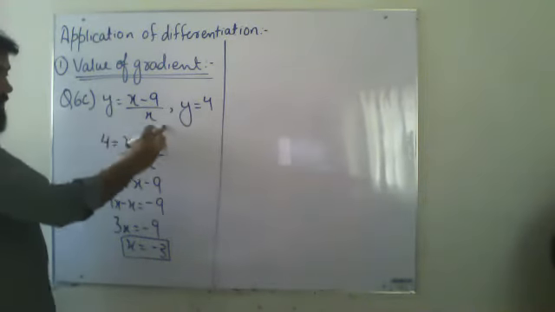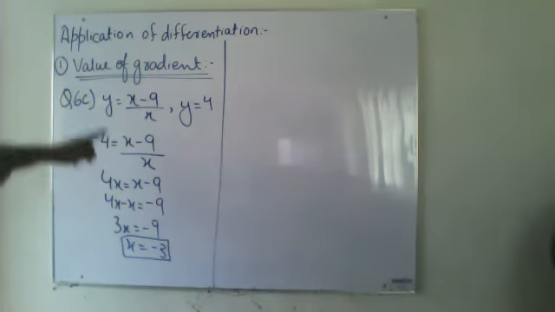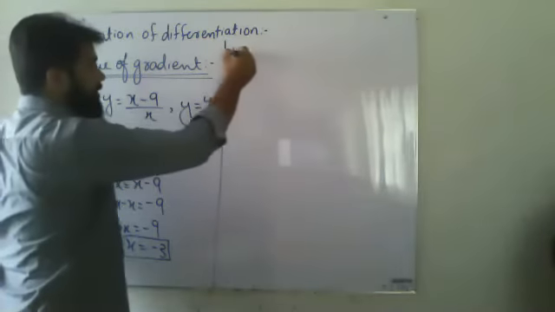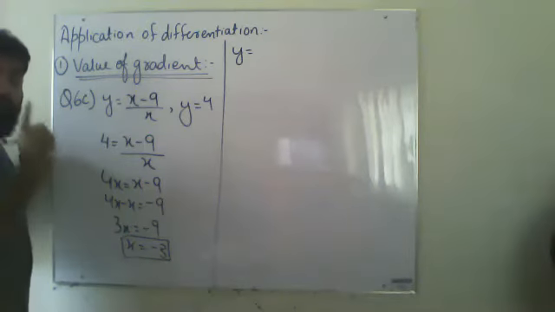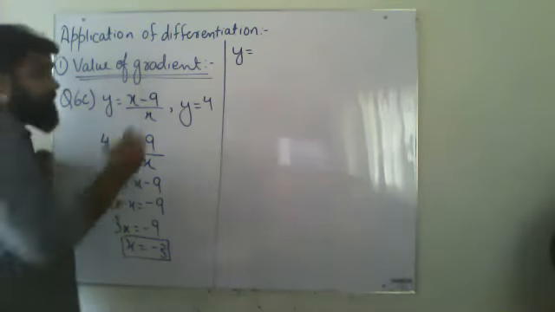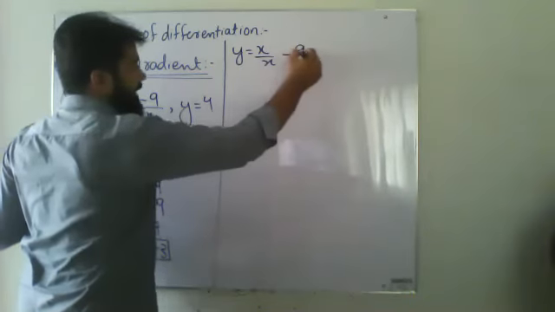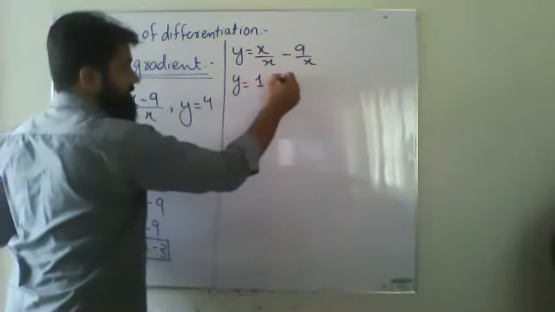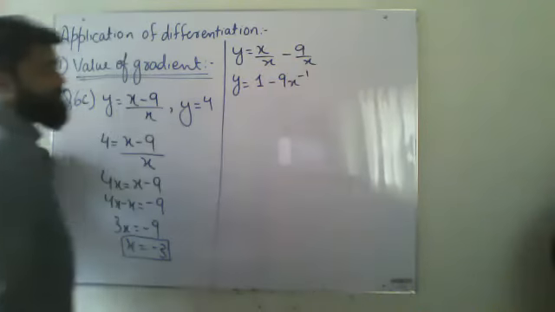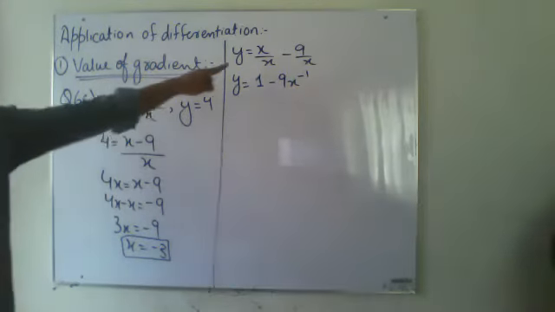Before starting with my differentiation, I'm taking my equation again, y equals x minus 9 over x, and writing it in a simplified form. So this will become x over x minus 9 over x, which is 1 minus 9x to the power minus 1.